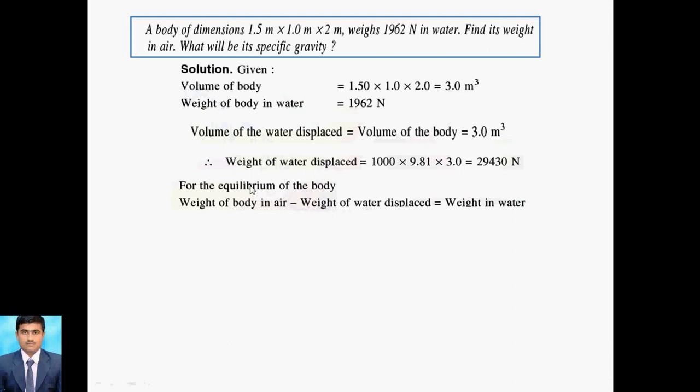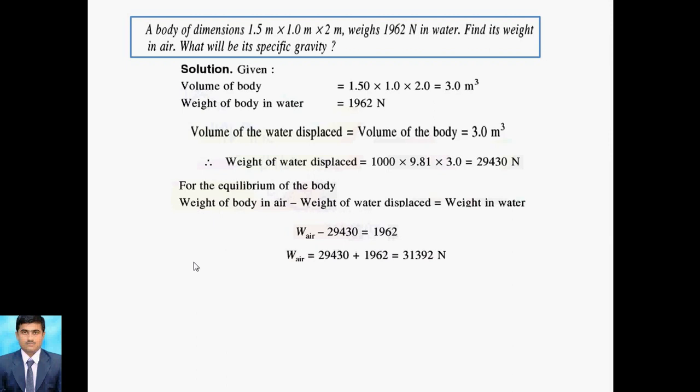In the last lecture, we discussed the equilibrium of the body. The weight of the body in air minus the weight of the water displaced is the weight in water. So if you plug in the values, weight in air is unknown, minus 29,430 is equal to 1962. So this is the weight of the body in water.